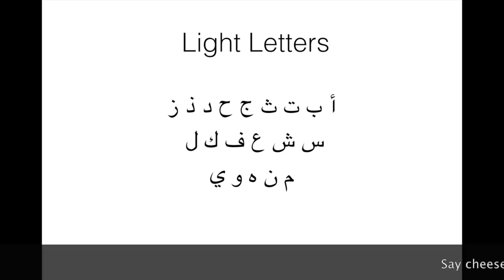One thing you'll see consistent with these is that they make you smile. So light letters make you smile. Heavy letters make you in awe, whatever. You know what I'm saying? No, but seriously. So there you have it. Heavy letters and light letters. And let's get to those exceptions.